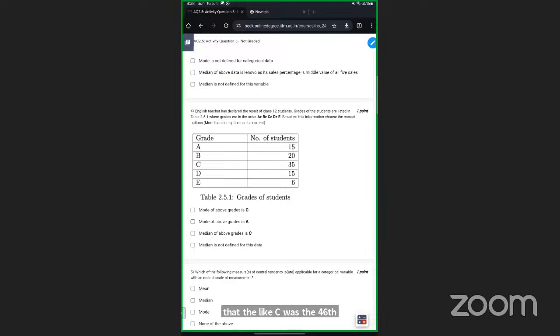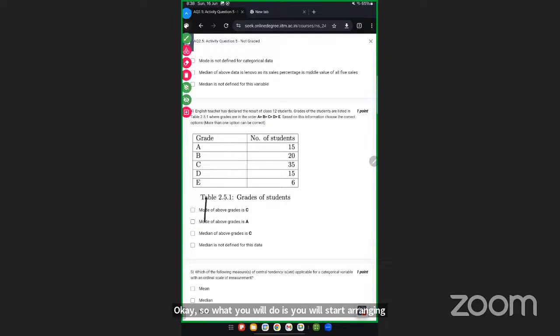Okay. So what you will do is start arranging them. You can start from A or E, anywhere, it doesn't matter. Let's start from A. You'll write A, A, A like this. How many A's are there? 15.